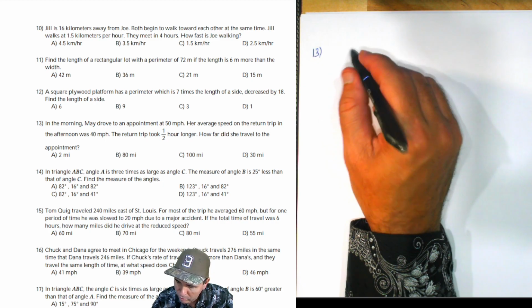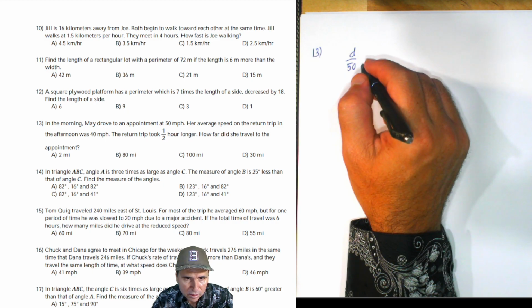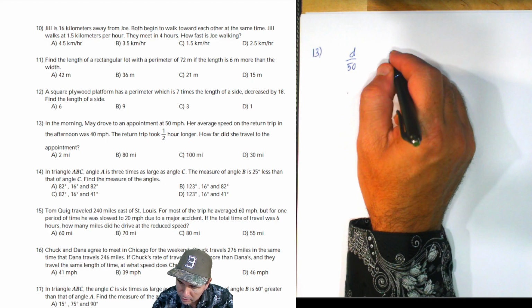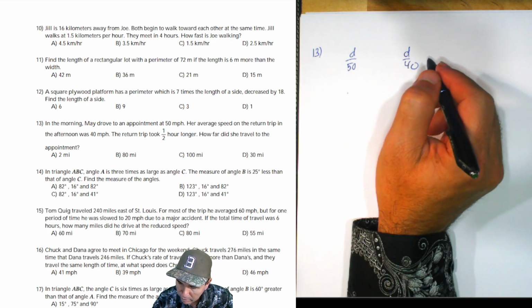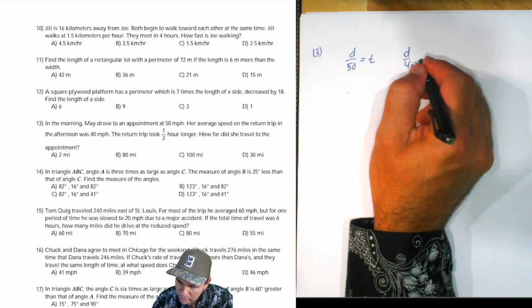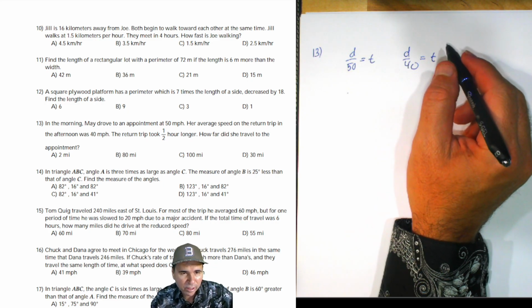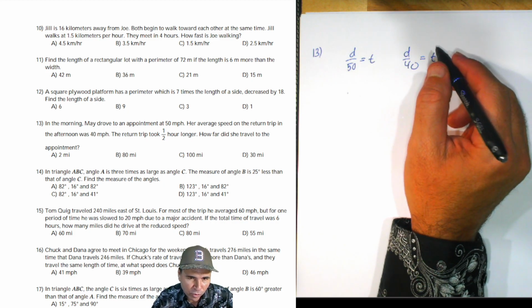So we know that we did distance over 50, right? And then we had distance over 40. Okay, and this is some time, right? But we know that this is time plus half an hour, which is 0.5, right? Everybody agree that half an hour is 0.5 hours.